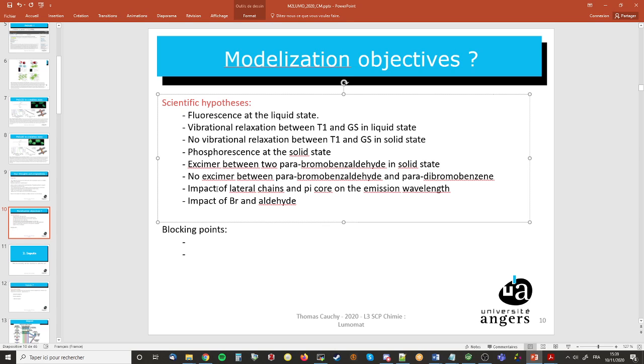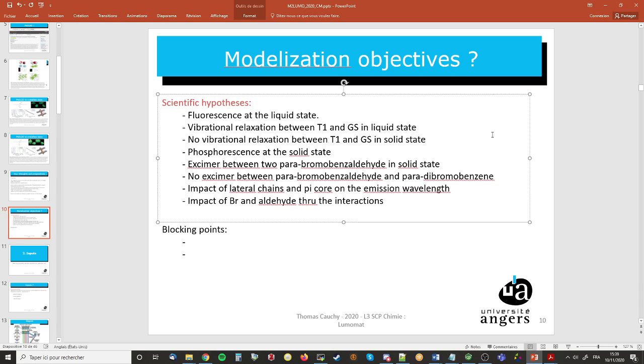You have an impact on the emission wavelengths of the lateral chains and of the pi core, and you have an impact of the bromine and aldehyde through the interaction between the two. Okay, so this is the kind of information that you want to discuss with theoretical calculations.